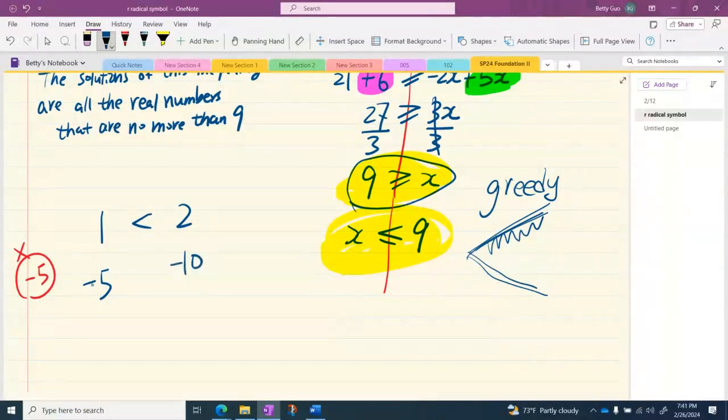Compare -5 and -10, which one is bigger? Please don't tell me -10 is bigger, okay? -5 and -10, which number is bigger?